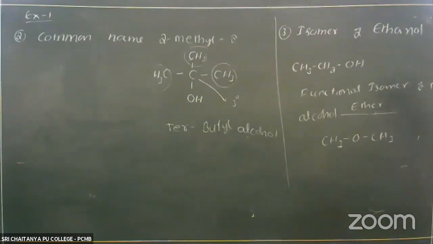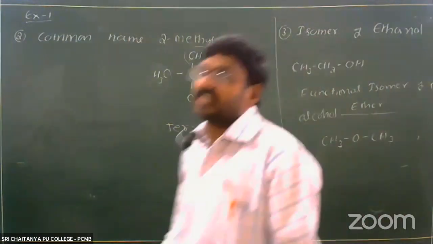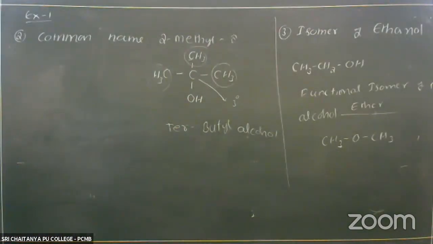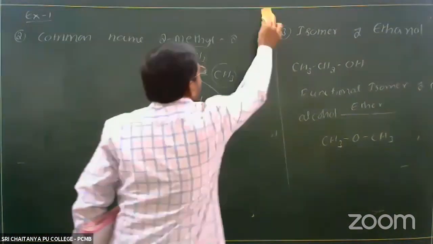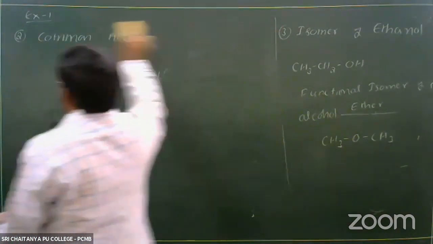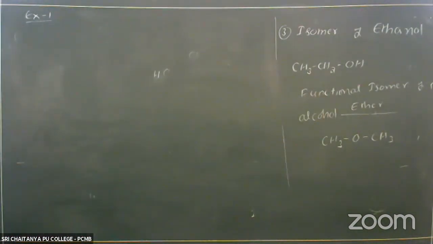Ethyl alcohol has only one possible isomer, that is the functional isomer. With 2 carbon atoms, the possible ether is dimethyl ether, and its IUPAC name is methoxymethane.